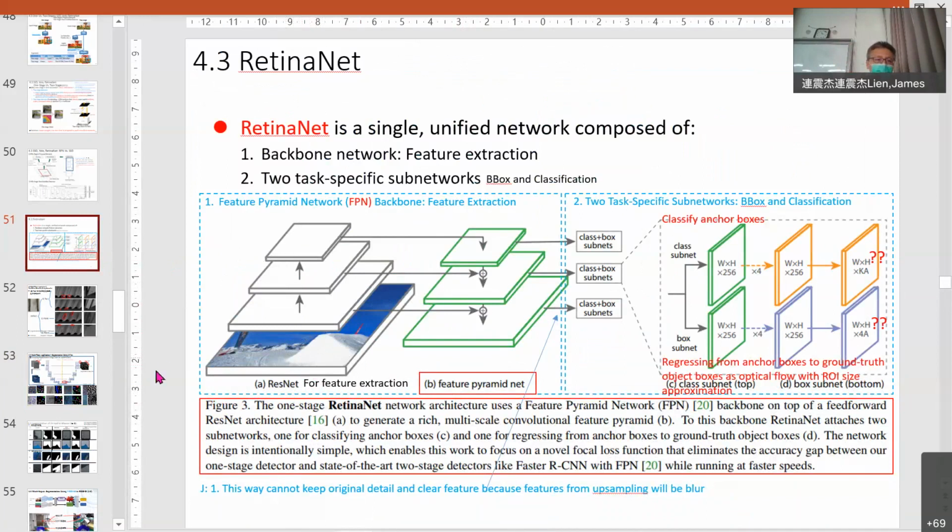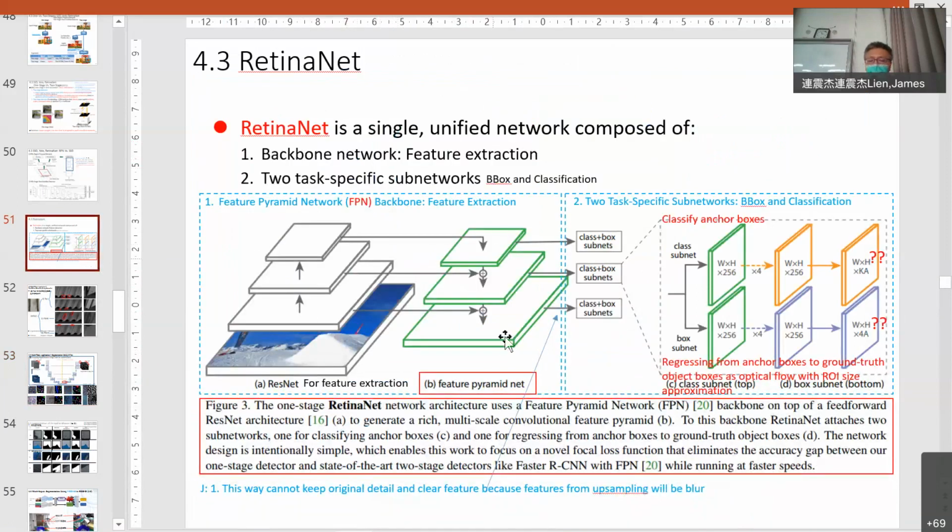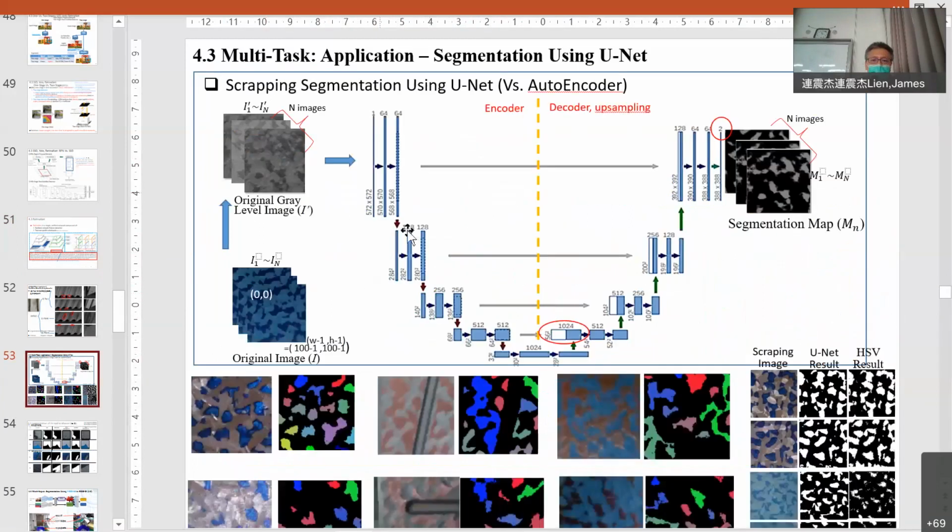ResNet is very deep, and UNet is just this kind of convolution. So this one is not so deep, and that one is deeper. The upsampling is another upsampling, so the two are not necessarily symmetric, while UNet is symmetric.